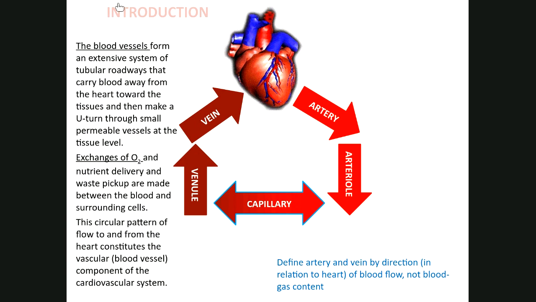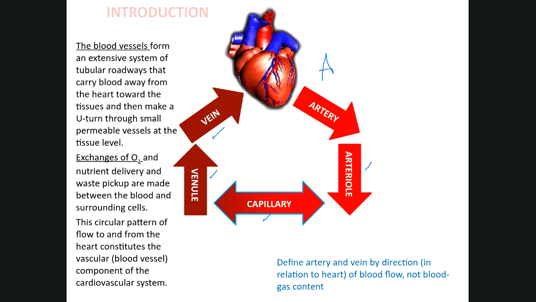So arteries always carry blood away from the heart. They empty into smaller vessels called arterioles and then eventually into capillaries. We'll learn today that capillaries is where all the gas exchange occurs, and then these capillaries merge to form venules, and then eventually veins.